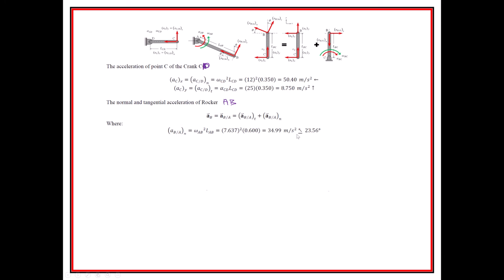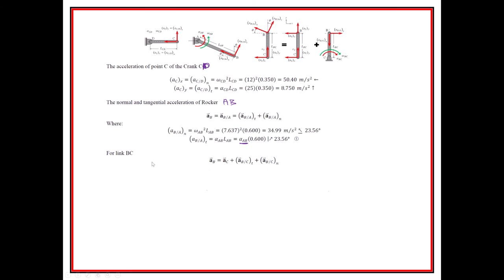You see right here, I am writing the magnitude, but I also know the direction based on the angle of this thing. It's going to go up and to the left. And I could get the tangential one, and that one has something that we don't know in it. That has this alpha AB, so we have to keep track of that.